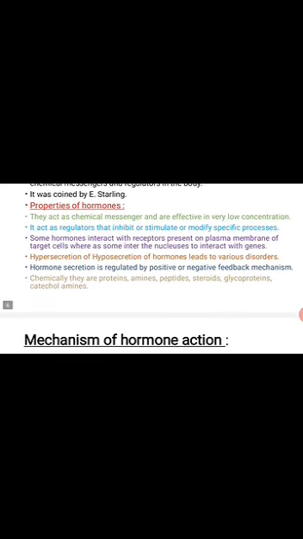Hormone secretion is regulated by a positive or negative feedback mechanism. That means hormone secretion is itself regulated by positive or negative feedback. Suppose the concentration of any hormone increases in the body, then a negative feedback signal is sent to the pituitary gland to stop the secretion of the particular tropic hormone.